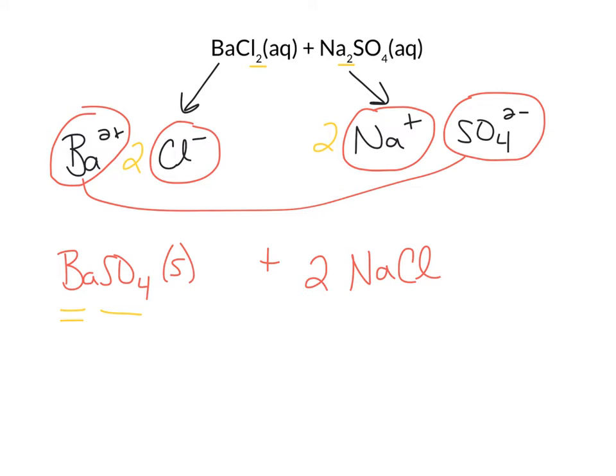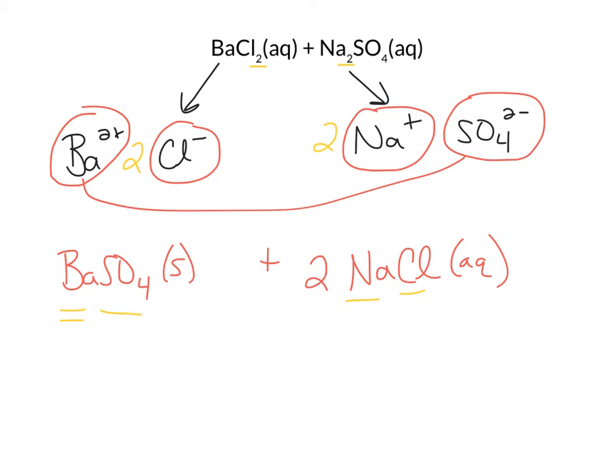And then, if we look at our sodium chloride, you can either look in the solubility rules and see that compounds containing sodium ion are always soluble, or you look at compounds containing chloride ion are generally soluble, with sodium not being an exception. So that means sodium chloride is a soluble ionic compound, so we write that as aqueous. So, from this reaction, you'll see we do form a solid, our barium sulfate, so this is a precipitation reaction.